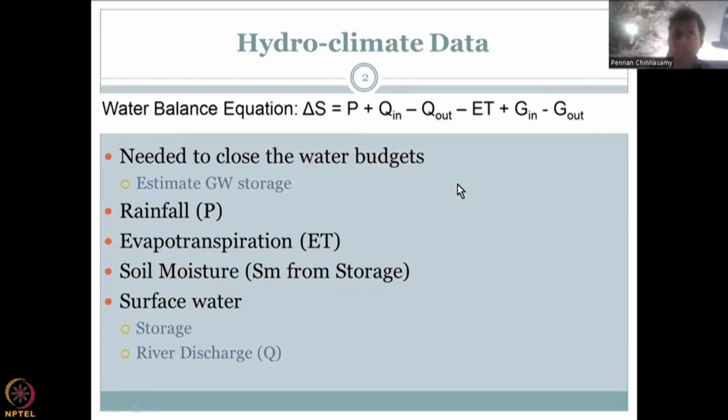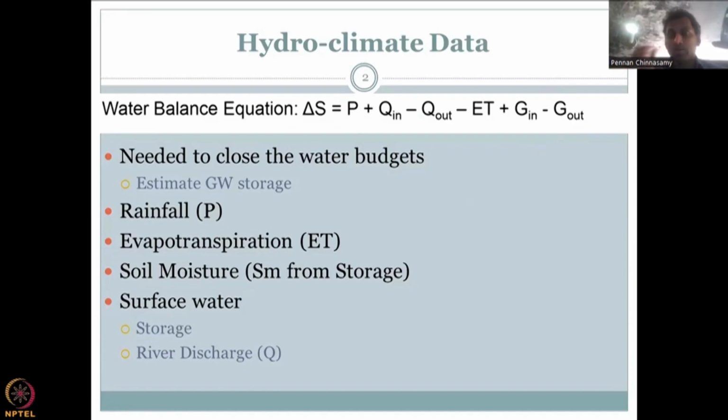So please understand that the storage is a combination of your surface water plus groundwater. And then we would look more focusedly on the groundwater for this course because it is a groundwater course. Still, you would need to understand the dynamics of all the other parameters for which you need to get the data.